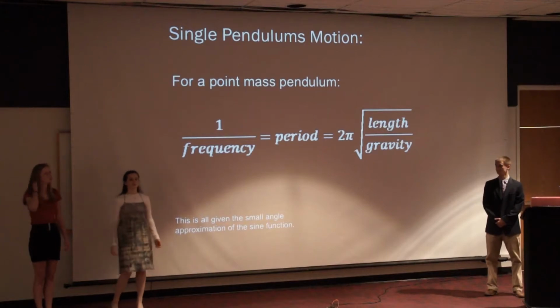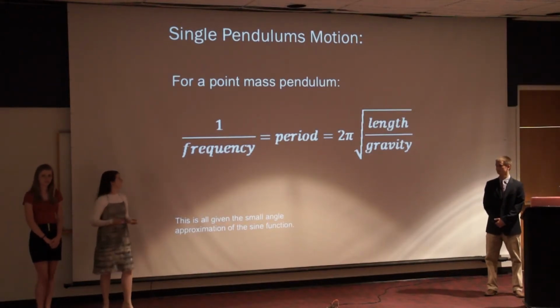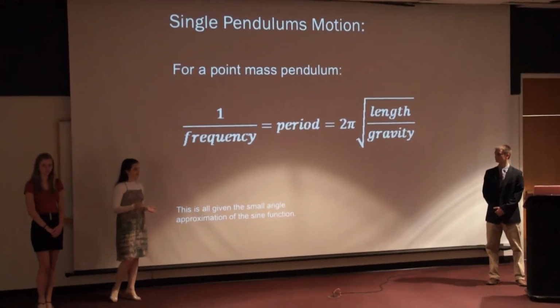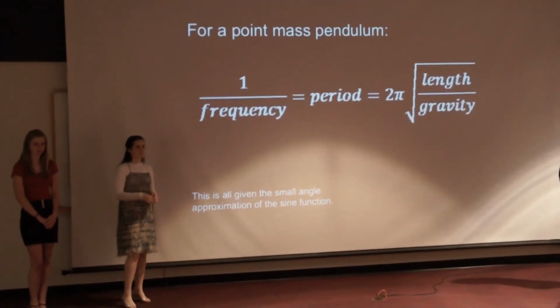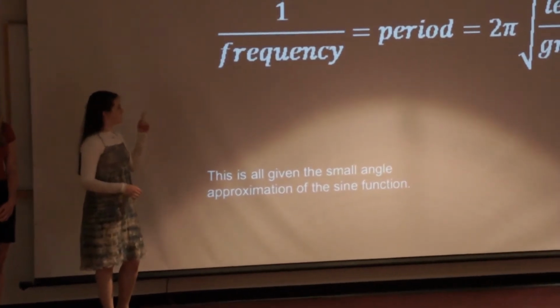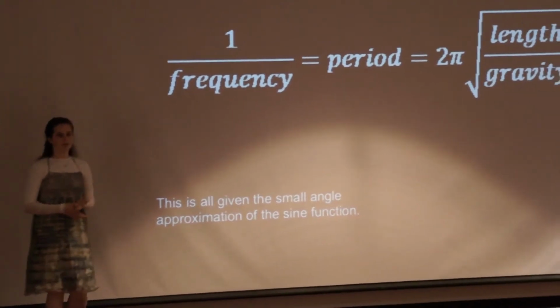So in order to be able to describe a system of pendulums, one must understand the very basics of pendulums. So this is the equation for a closed mass pendulum. It describes the period, which is the time it takes for a pendulum to complete one oscillation. It's the inverse of frequency, and it's equal to 2 pi root length over gravity.